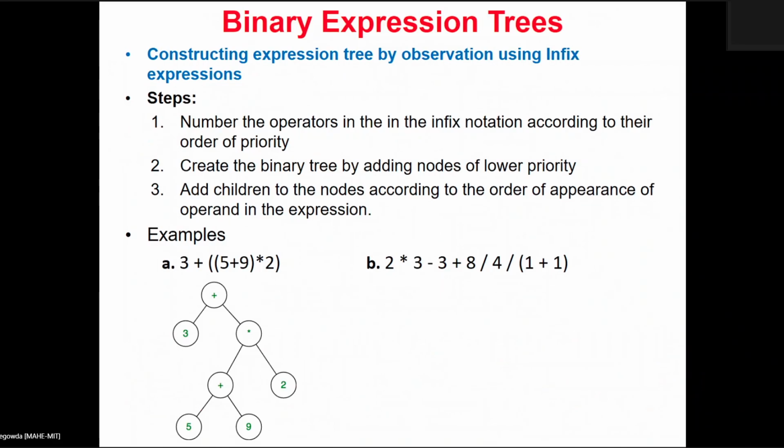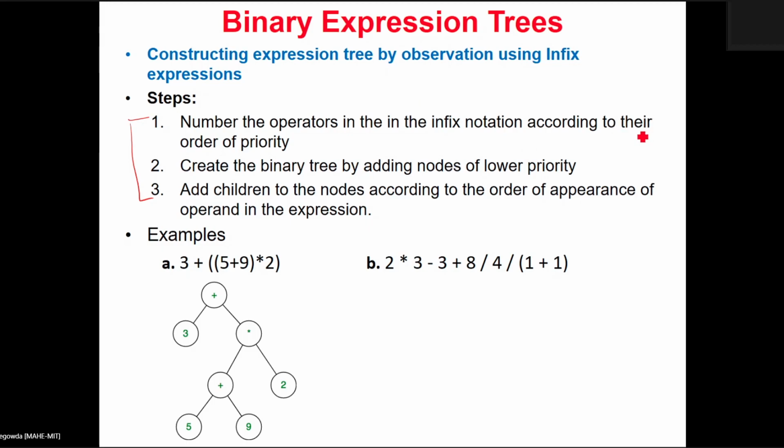Now let us see how we can build a binary expression tree just by observation. I don't deal with any algorithm here. Just by observation, I want to build a binary expression tree. If an expression is given, you have to follow these 3 steps. Step 1 says number the operators in the infix notation according to their order of priority.